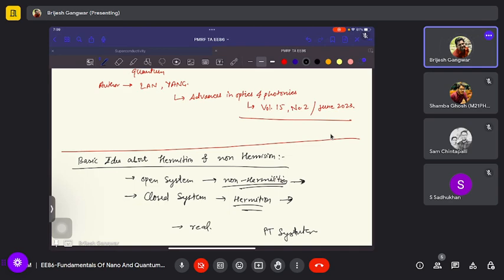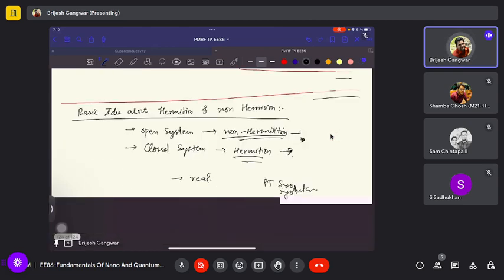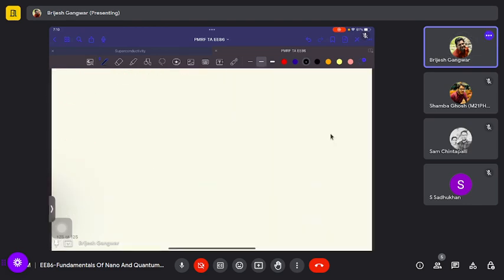So Hermitian operators have the Hermitian condition in the matrix. If some matrix has A dagger equal to A, then this is a Hermitian matrix. So if we have this type of operator, then you can say Hermitian system, Hermitian operator.